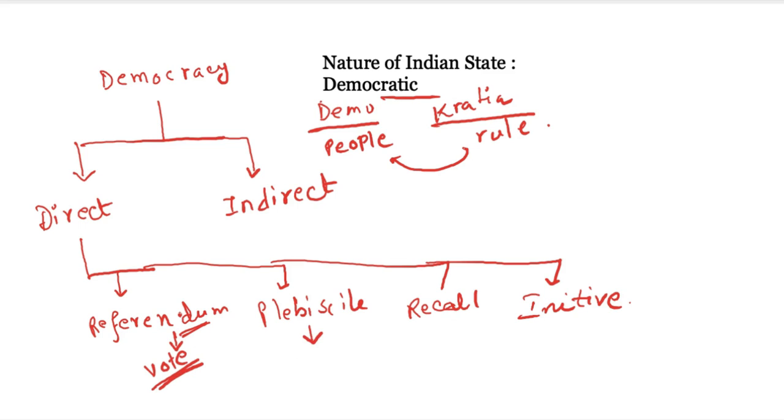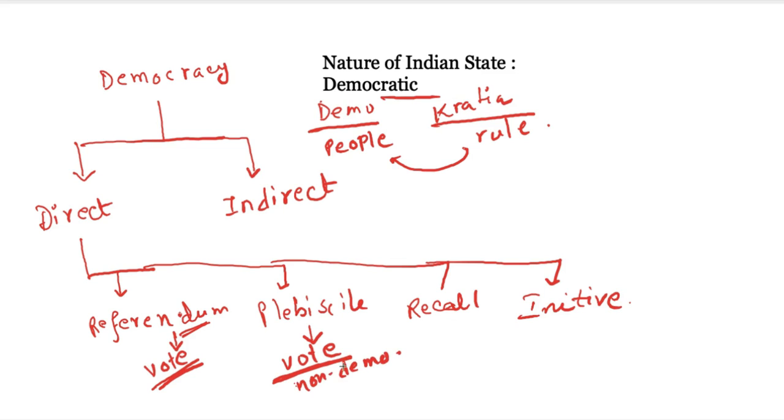Plebiscite is also a vote, but it is of a different nature. It is generally to discuss territorial disputes. So it is a vote, but it always happens in a non-democratic environment.